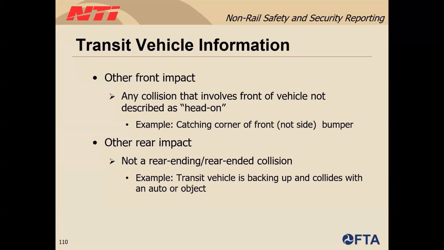An example would be the front corner bumper hits another vehicle or object while turning, not the bumper on the side at the front. Likewise, other rear impact is used when the transit vehicle is impacted on the rear, but not when it would be considered rear-ended. An example would be if the transit vehicle was backing up and hit a utility pole.